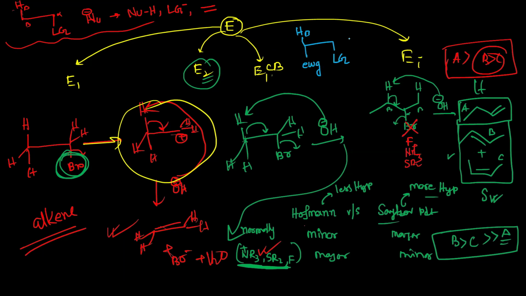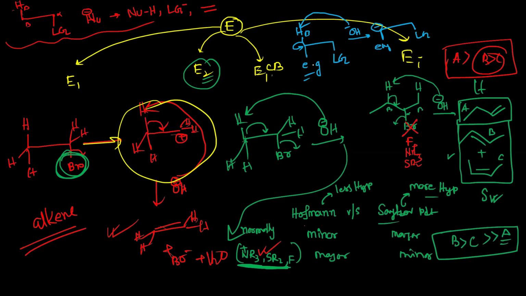Then my OH minus, that is nucleophile or base, will attack here, but the elimination doesn't occur first. First, this carbon hydrogen bond will shift like this. So carbanion will form. Okay, here I have leaving group, here I have electron withdrawing group, so carbanion will form. Why will carbanion form? Because I have electron withdrawing group, so it will stabilize that carbanion.